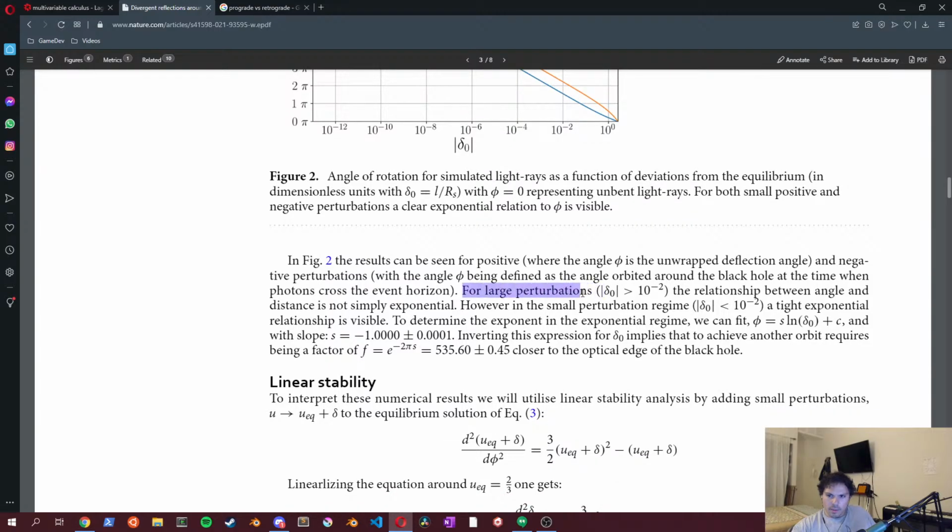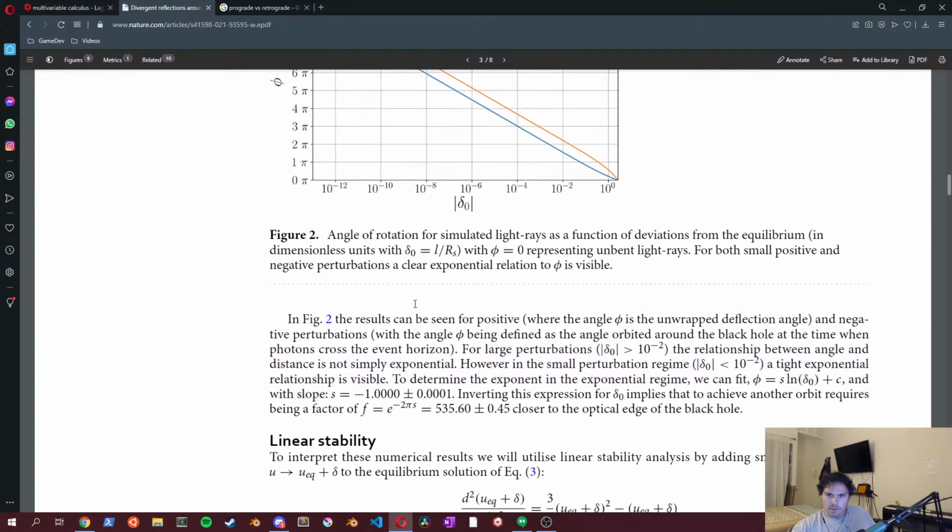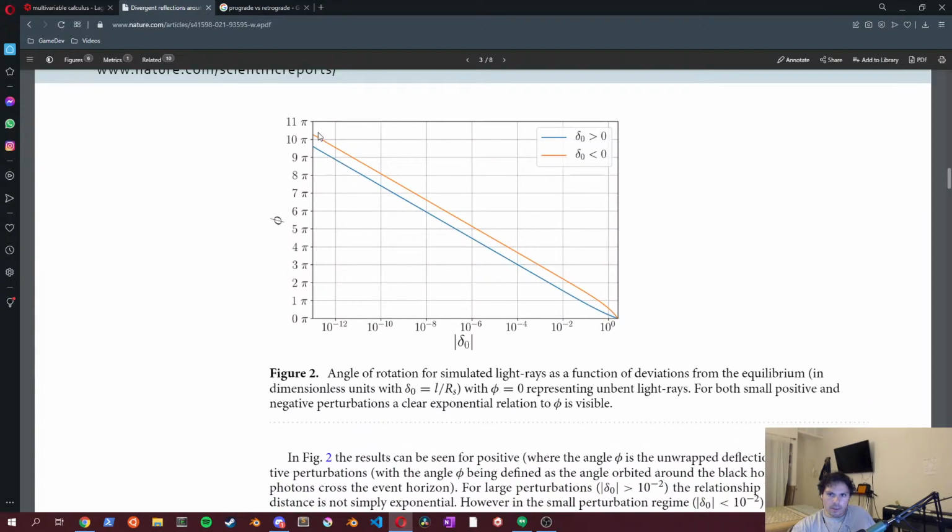For large perturbations, for instance, delta 0 greater than 10 to the minus 2, the relationship between angle and distance is not simply exponential. However, for small perturbations, a tight exponential relationship is visible. Okay, so let's just look at this plot here.